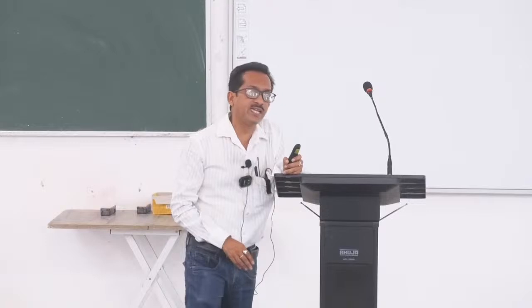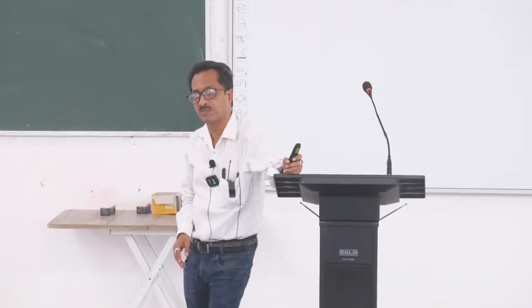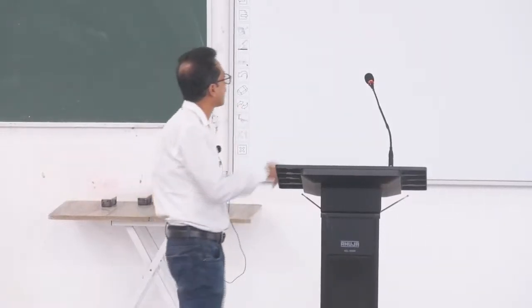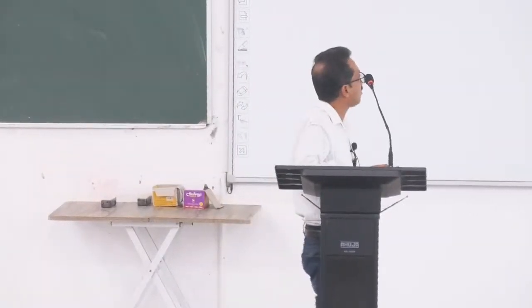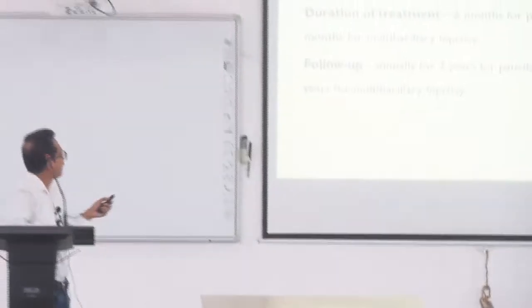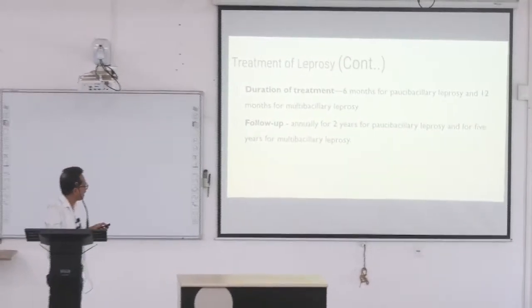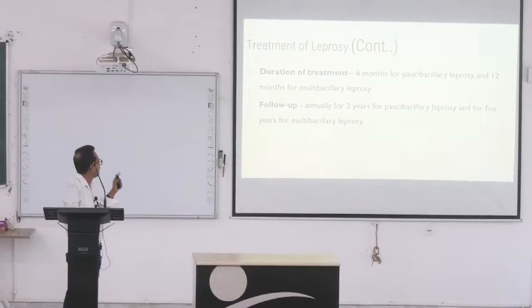But in paucibacillary you continue for 6 months, and in multibacillary for 12 months. Now, how long do you need to follow up? For paucibacillary, you need to follow up for 2 years, and for multibacillary, 5 years.